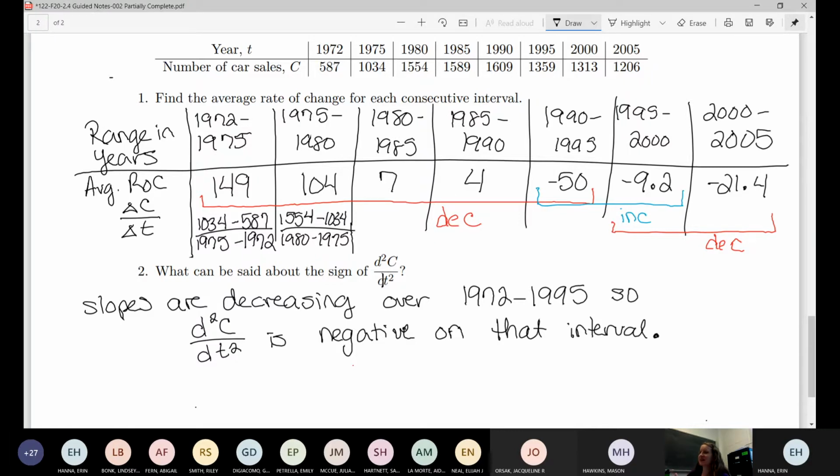So since the slopes are decreasing over that interval, that means that the second derivative would be negative. That's the relationship you want to pull: whether the slopes are increasing or decreasing will tell you whether the second derivative is positive or negative.